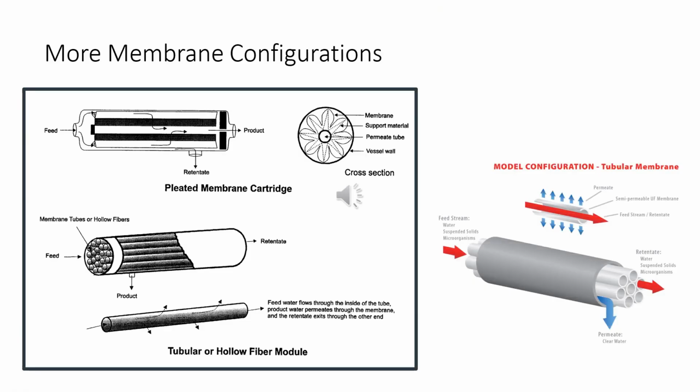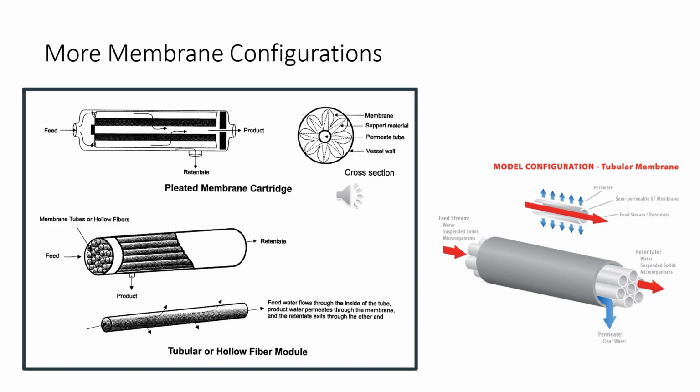And here we have a few more membrane configurations. As we can see in the figure here, we have a pleated membrane cartridge. The pleated filter or membrane cartridge is a filter cartridge that has a pleated structure, a filter medium. And also down here we have a tubular or hollow fiber module.